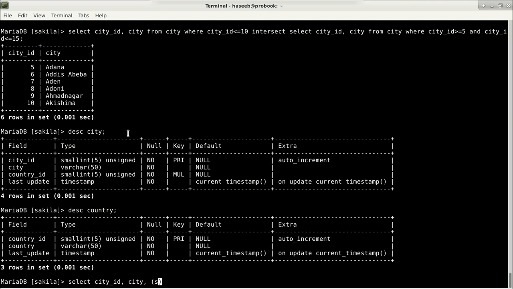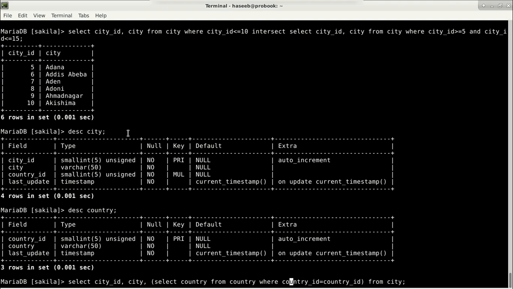Inside the brackets I will write select country from country where country ID is equals to... Now there is one issue here.